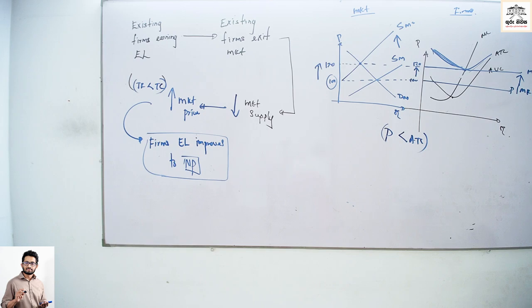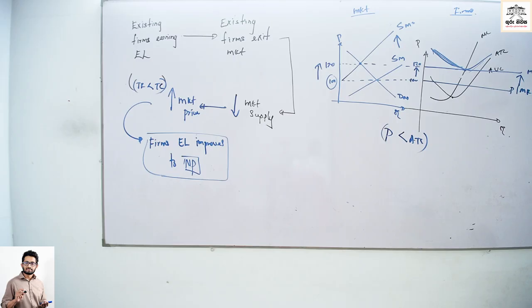Okay, that's enough today. I have a very small part to complete: the supply curve of a perfectly competitive firm and producer surplus.